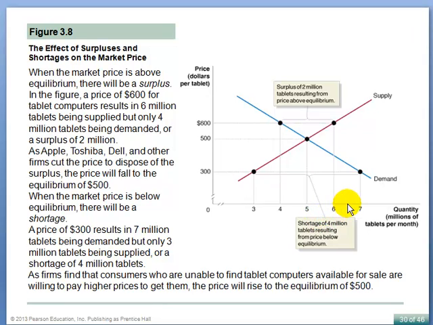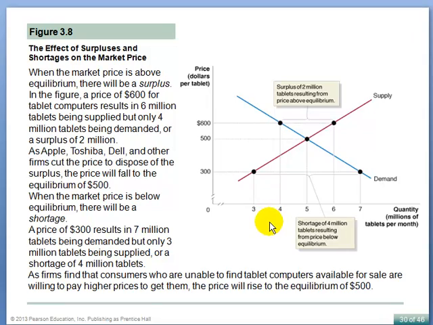When a shortage occurs, some consumers will be unable to buy tablet computers at the current price of $300. So the consumers will bid up the price. They are willing to pay a higher price for the tablet computers. Then the firms will realize that they can raise the price without losing any sales.